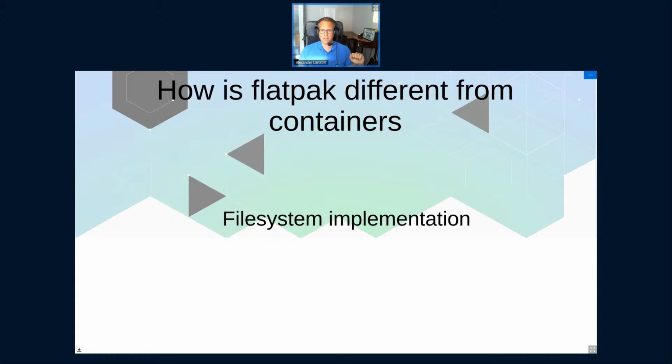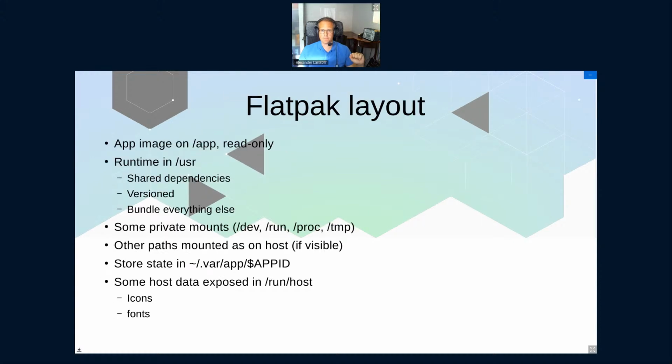It looks like you have access to var app ID, but actually all you have access to is this final directory, and the rest is just empty directories on the tempfs. So unless you have explicitly asked for home directory permissions, you don't have any permissions for it.